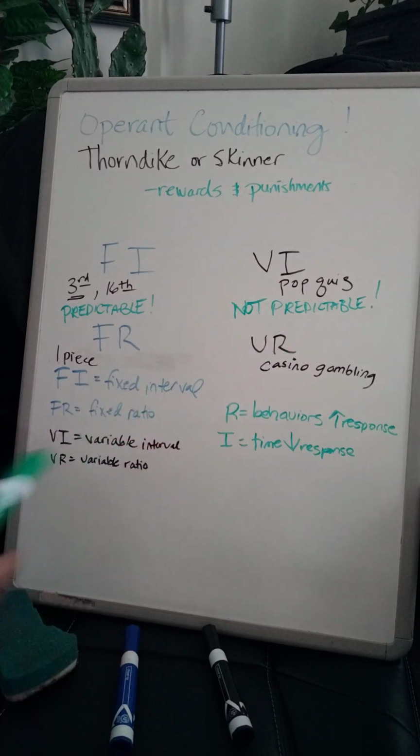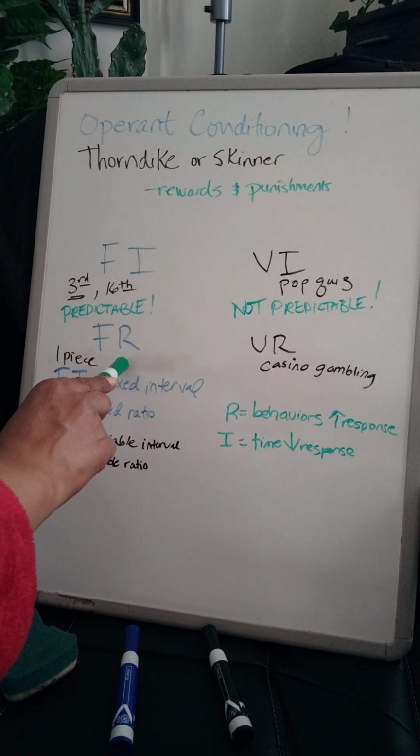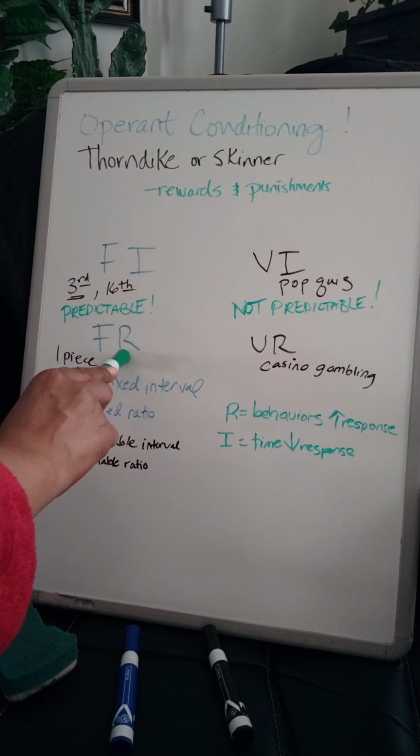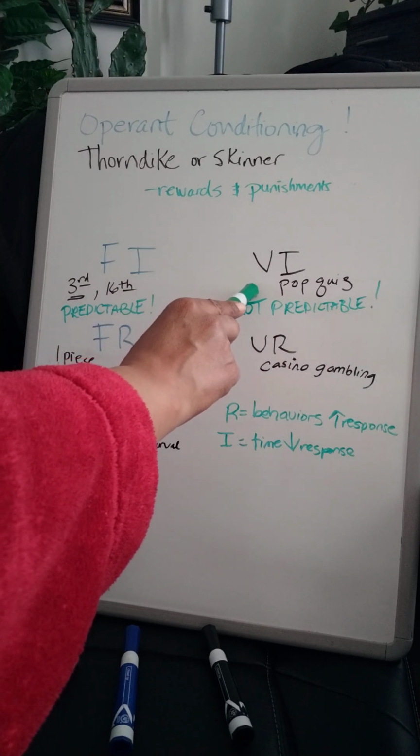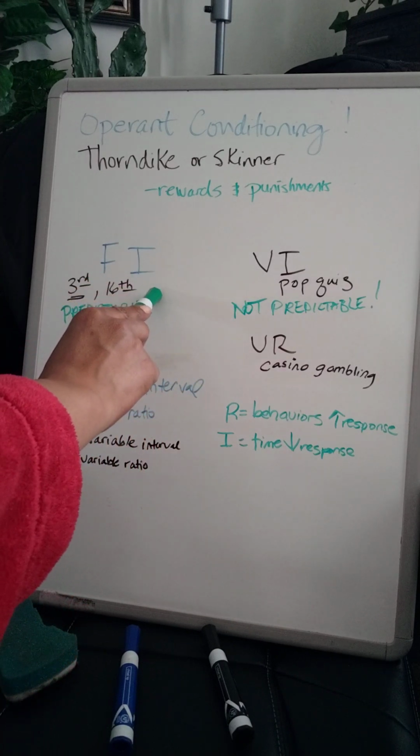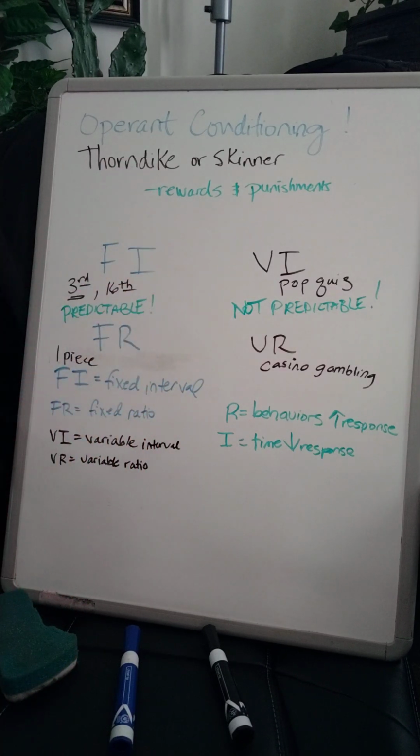Remember casino gambling with addiction? So strongest and hardest to extinguish. Then next we have our fixed ratio. Then we have our variable interval. Then we have our fixed interval. Okay, I said it right that time.